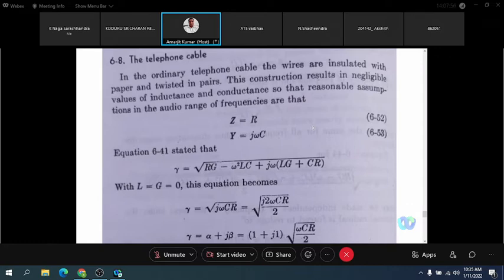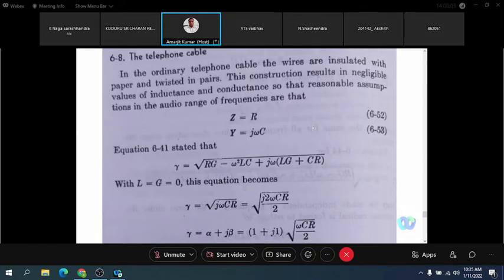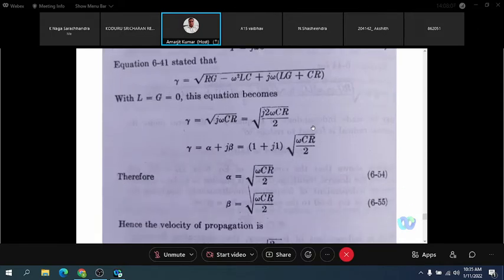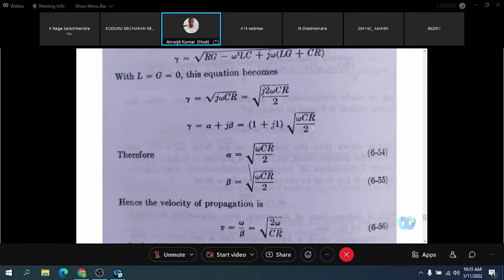So what will be the propagation constant? Under root ZY, under root j omega RC. So propagation constant is equal to alpha plus j beta is equal to under root j omega RC.